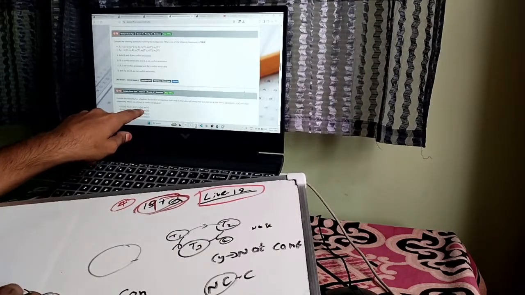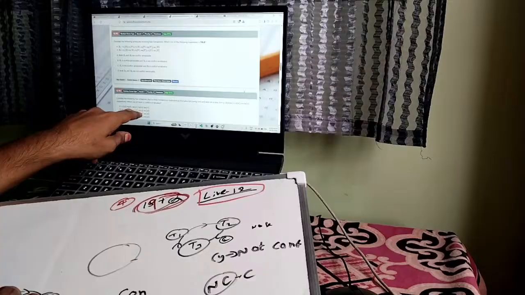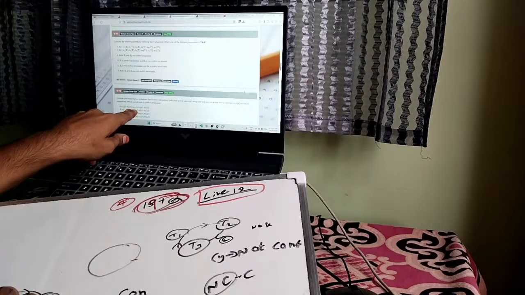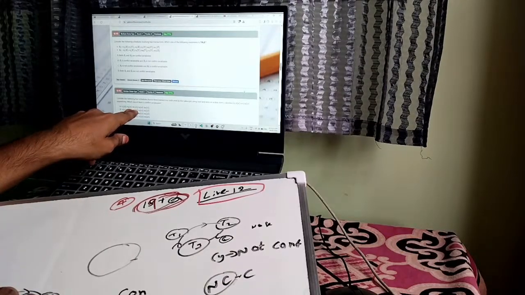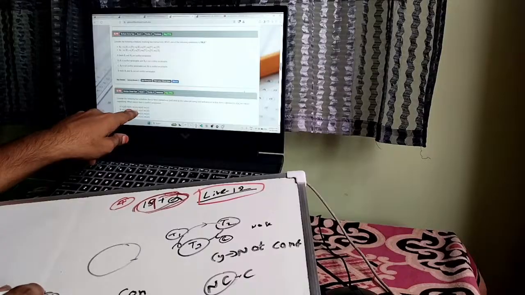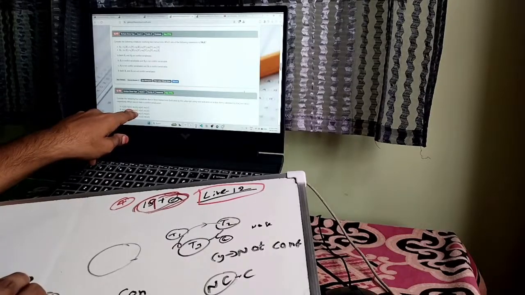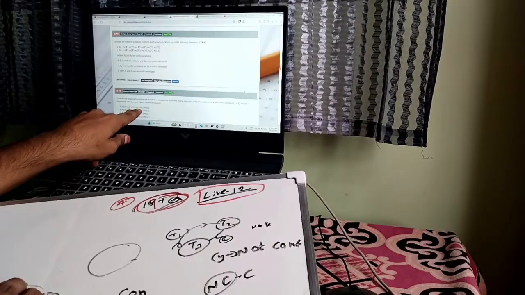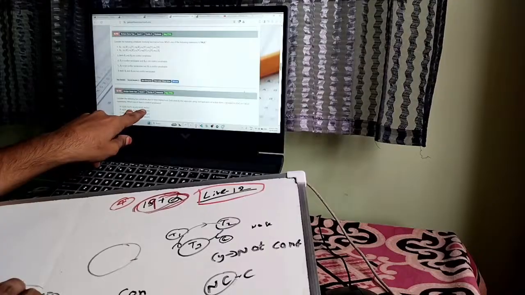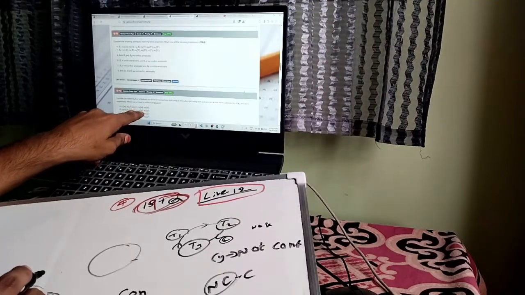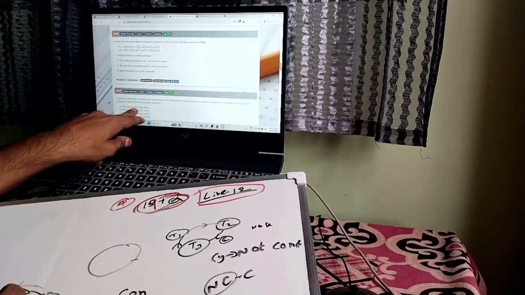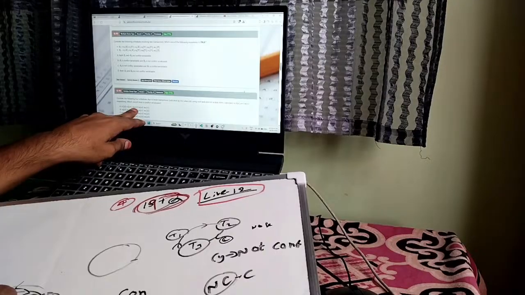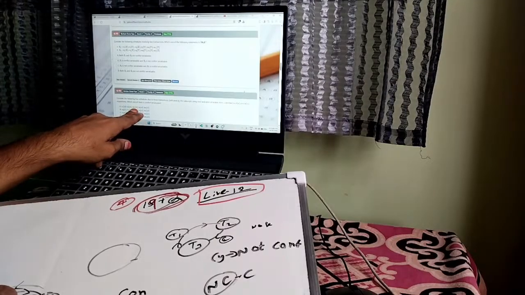Then T2 on X, 2, 2, 1 is there and also 1, 1, 2, 3.